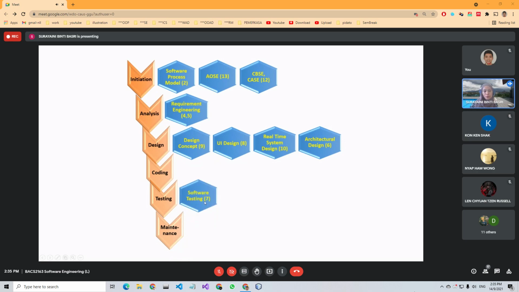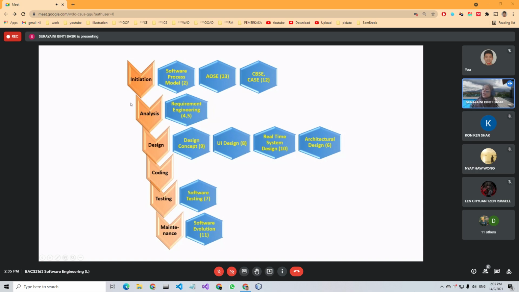We have already covered software testing, where we learned all of the test cases and the test plan. Soon we will learn about software evolution, and lastly these two, AOSE and CBSE.